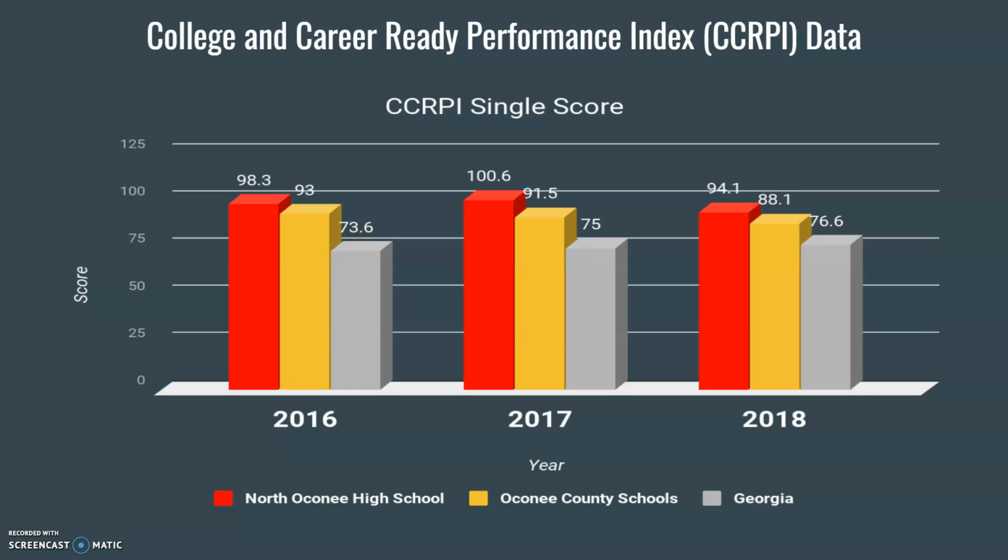In 2018, North Oconee High School once again outpaced our district and the state of Georgia with a CCRPI score of 94.1. Over the last 3 years, you can see the consistency of North Oconee High School having a very high CCRPI score.